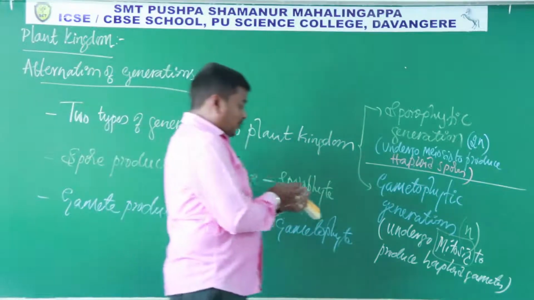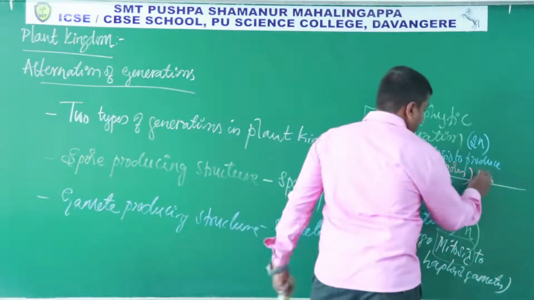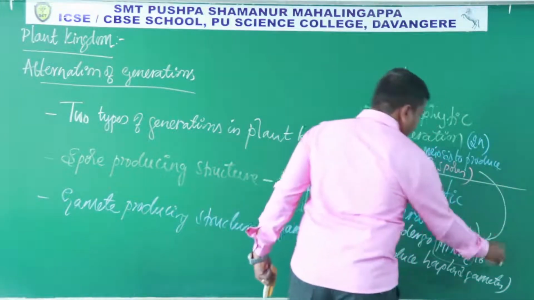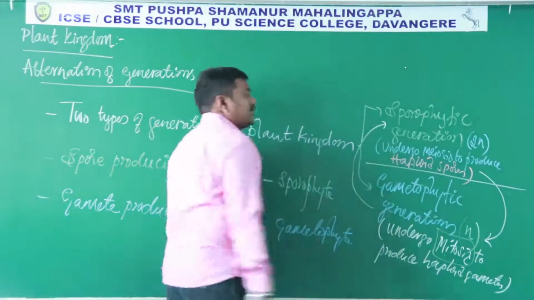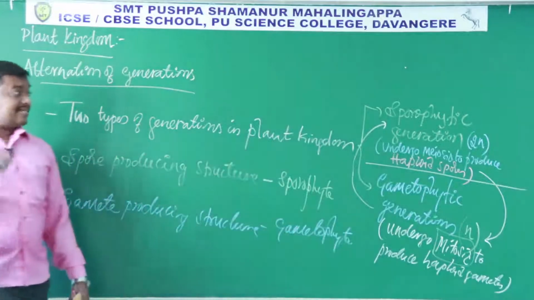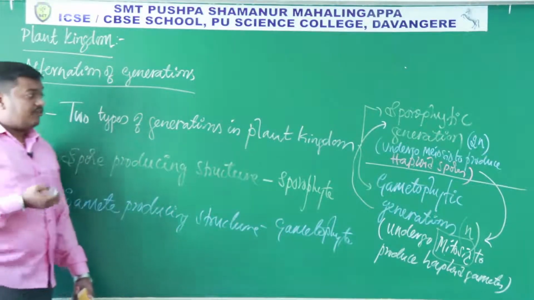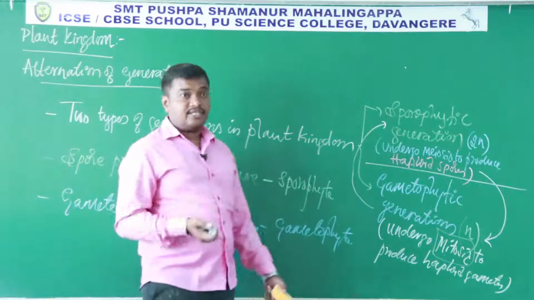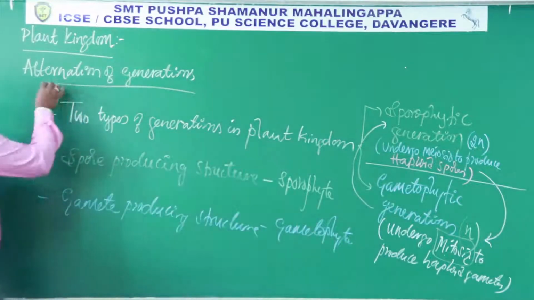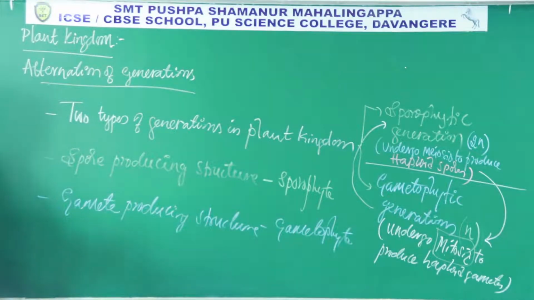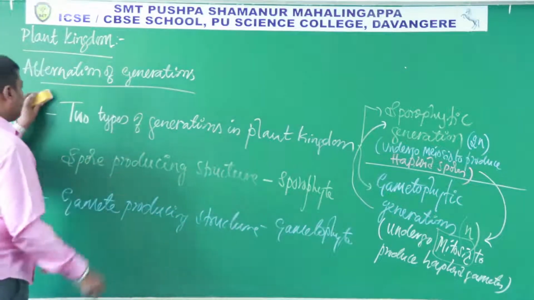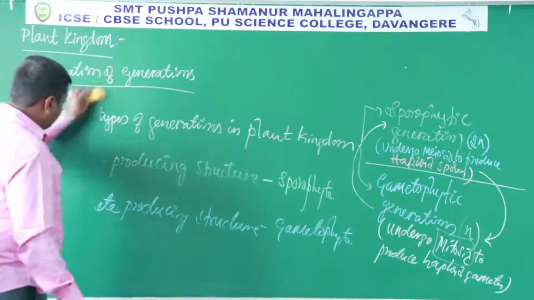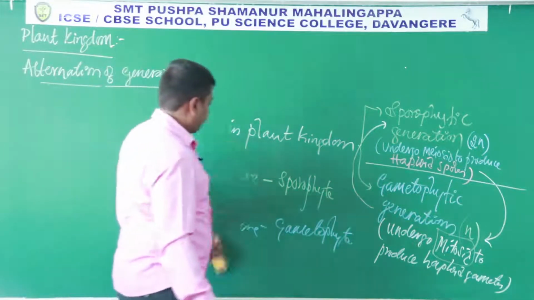That means the sporophytic generation develops into the gametophytic generation and then into the sporophytic generation again. A cycle occurs between the sporophytic and gametophytic generations, which leads to alternation of generation. Let me take one small example, then I will go into the different types of cycles in detail.